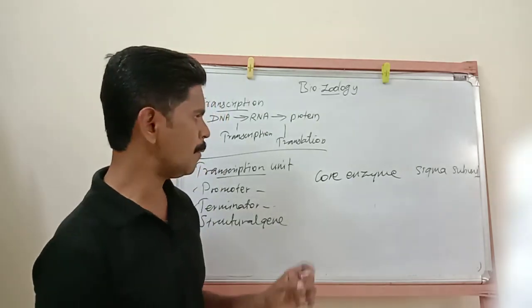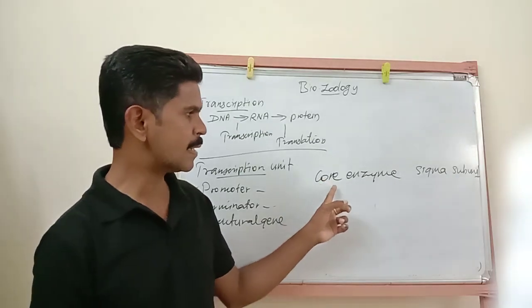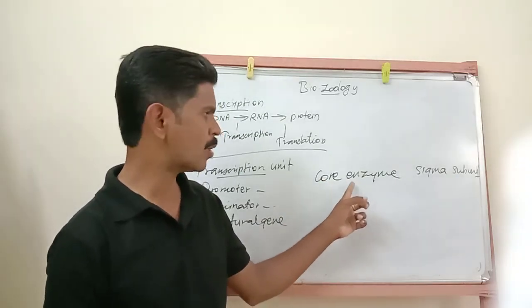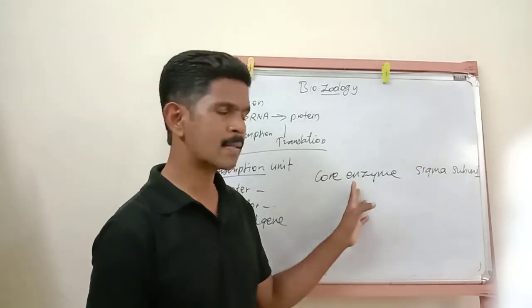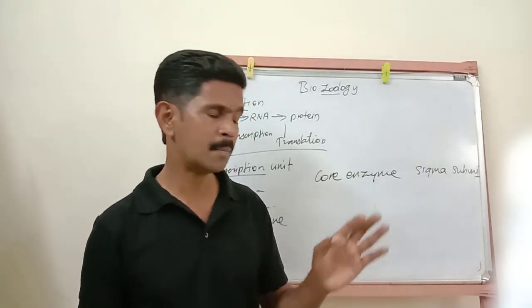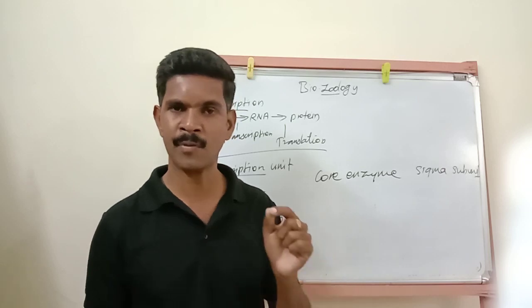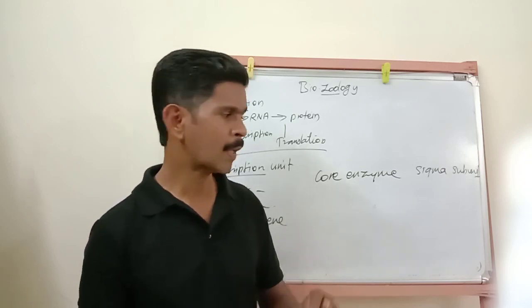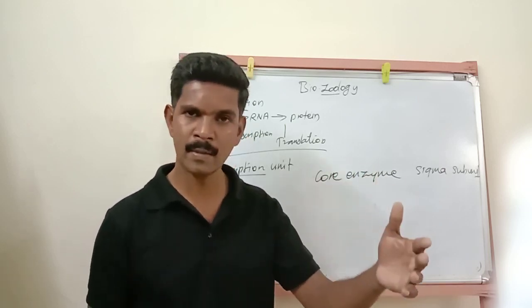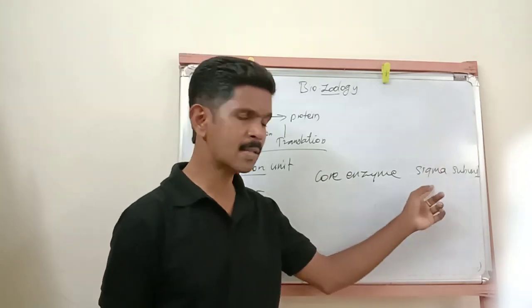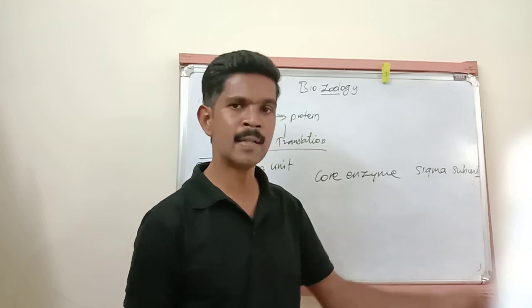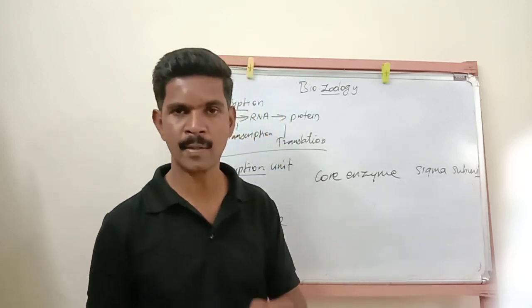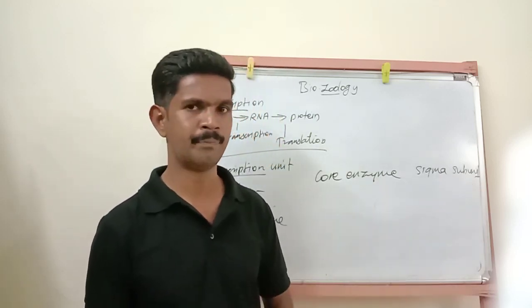So the RNA polymerase enzyme has two important regions: the core enzyme, which is responsible for the synthesis of RNA and moves ahead, and the sigma subunit, which is left behind at the promoter and is responsible for the recognition of the promoter.